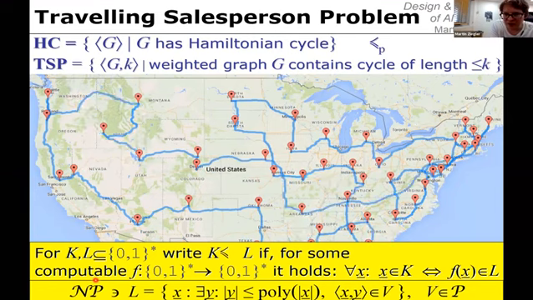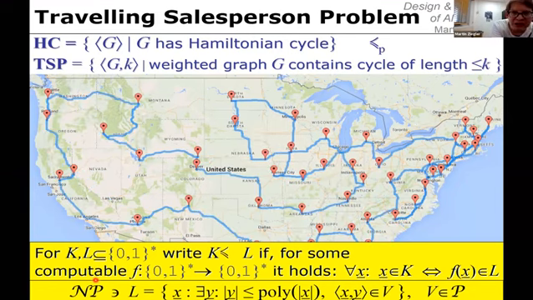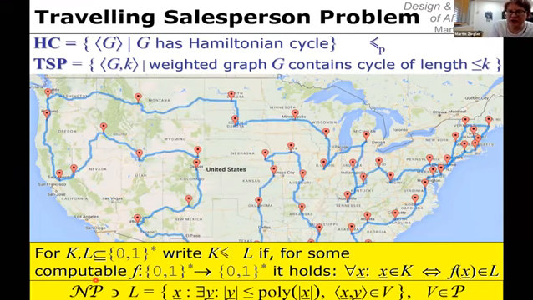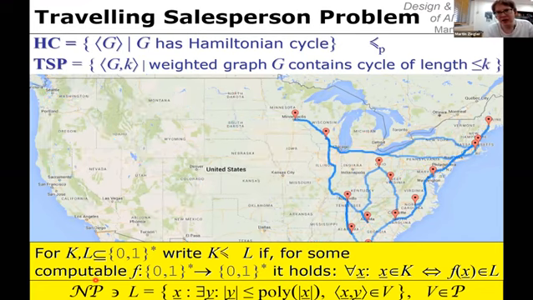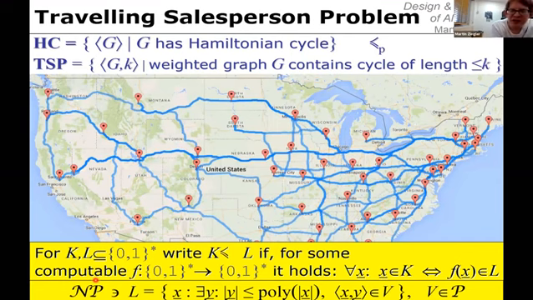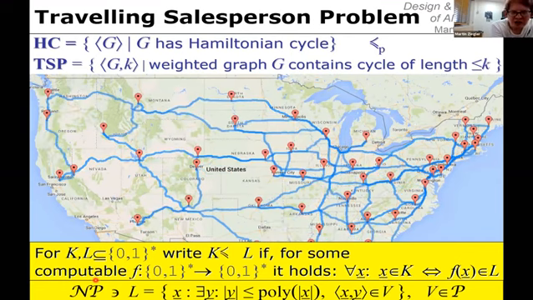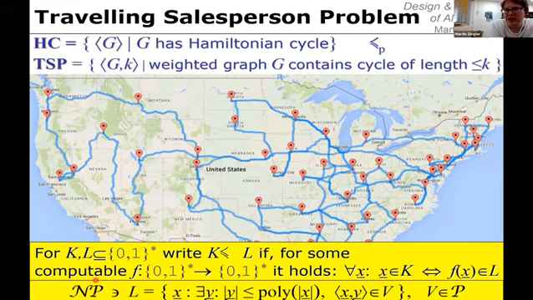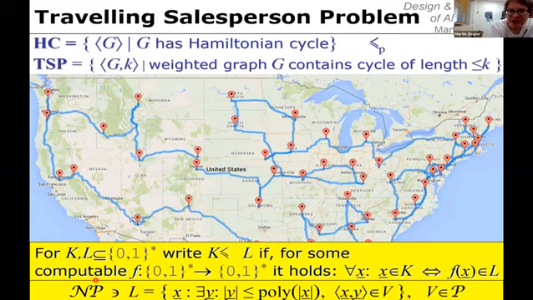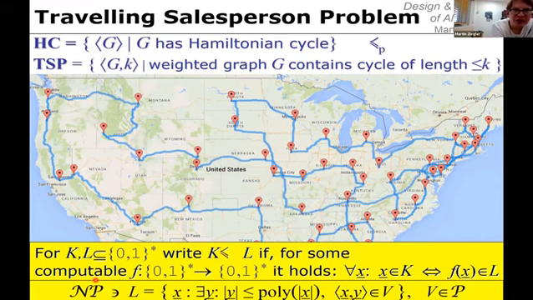We're supposed to answer whether the graph has a Hamiltonian cycle, which means a tour that visits every city precisely once. This is about non-weighted graphs, but in our reduction, we're going to add edge weights. We add edge weight 1 whenever there's an edge present in the original graph. The intuition is that traversing this edge is going to be cheap. And we're going to add an edge of large weight whenever there's no edge present in the original graph.